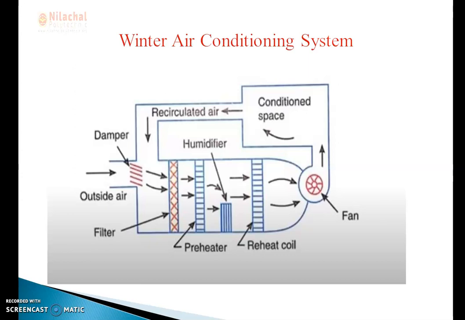As you can see in the picture, the outside air flows through the damper and mixes with the recirculated air, which is obtained from the conditioned space, and this mixed air passes through the filter to remove the dust, impurities or any bacteria.